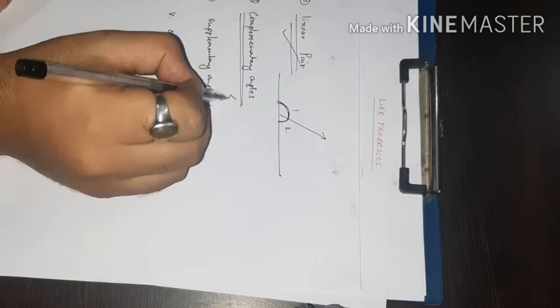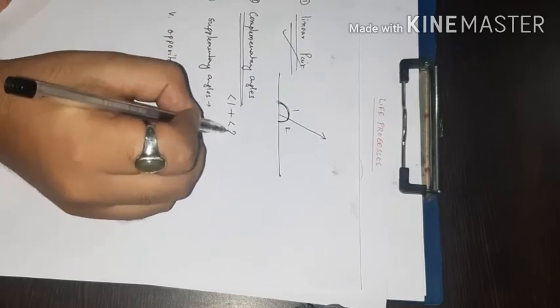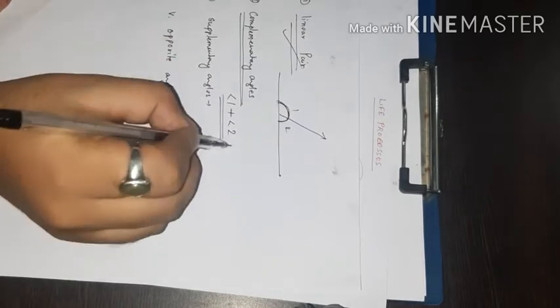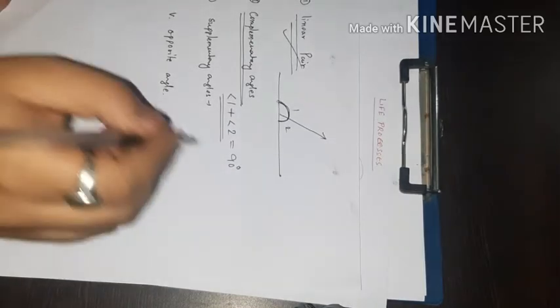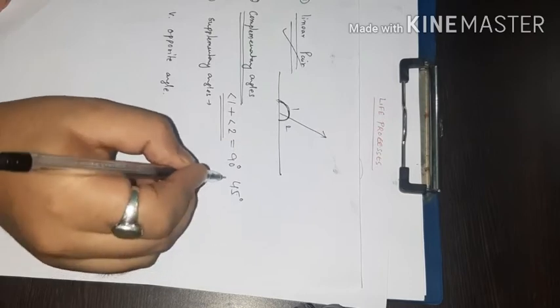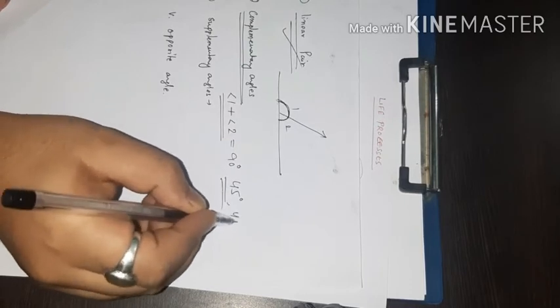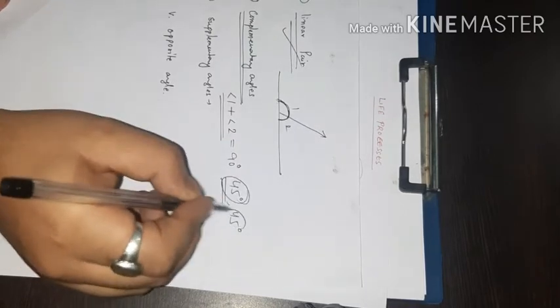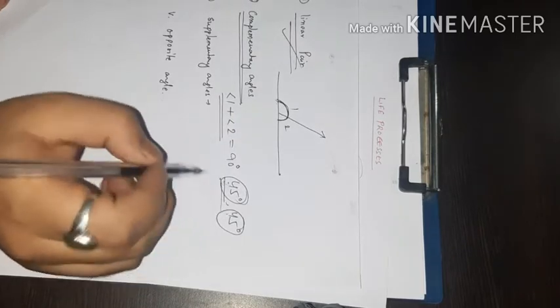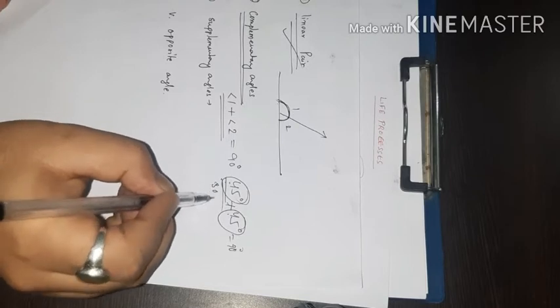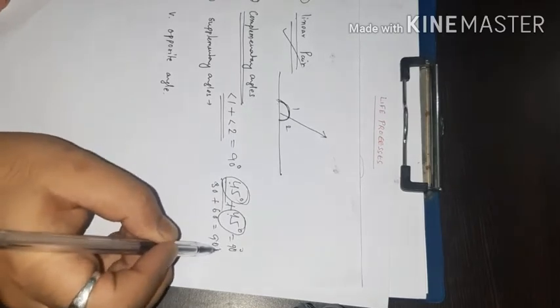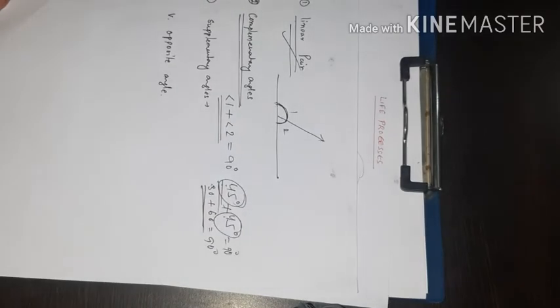Complementary means when the sum of two angles is equal to 90 degrees. Suppose one is 45 degrees, then the other will also be 45 degrees, so they are complements of each other. 45 plus 45 is 90. If we have 30, then 30 plus 60 is 90. So they are complementary to each other.